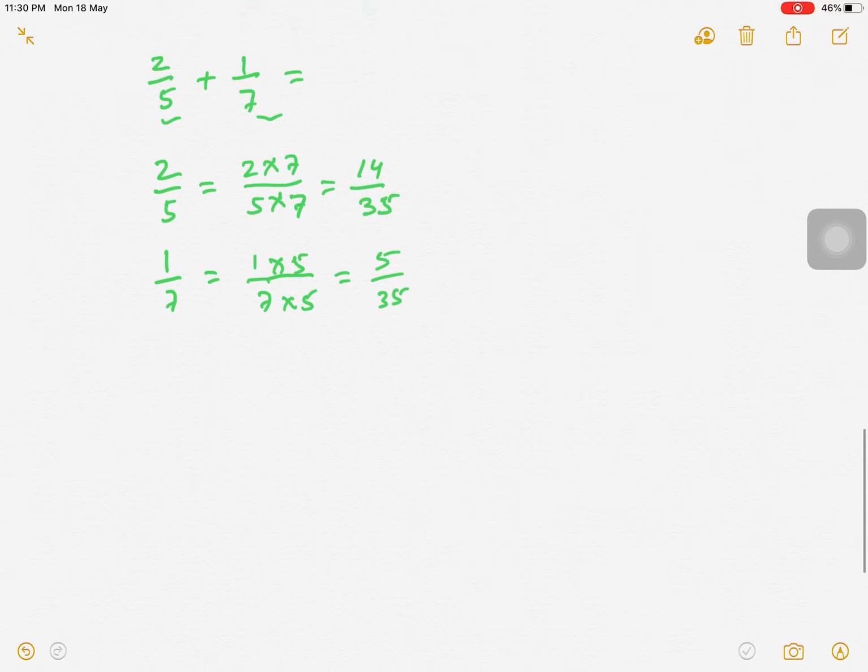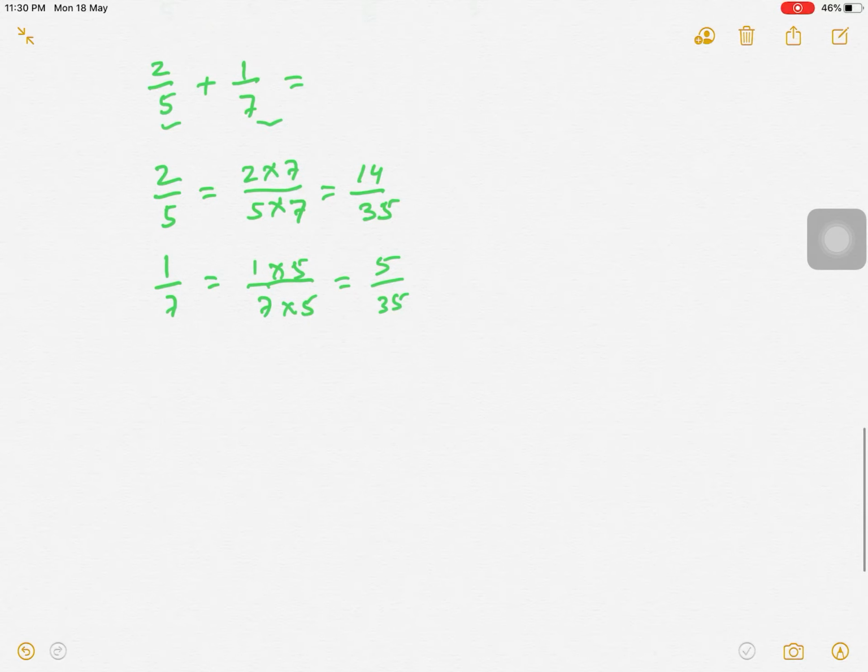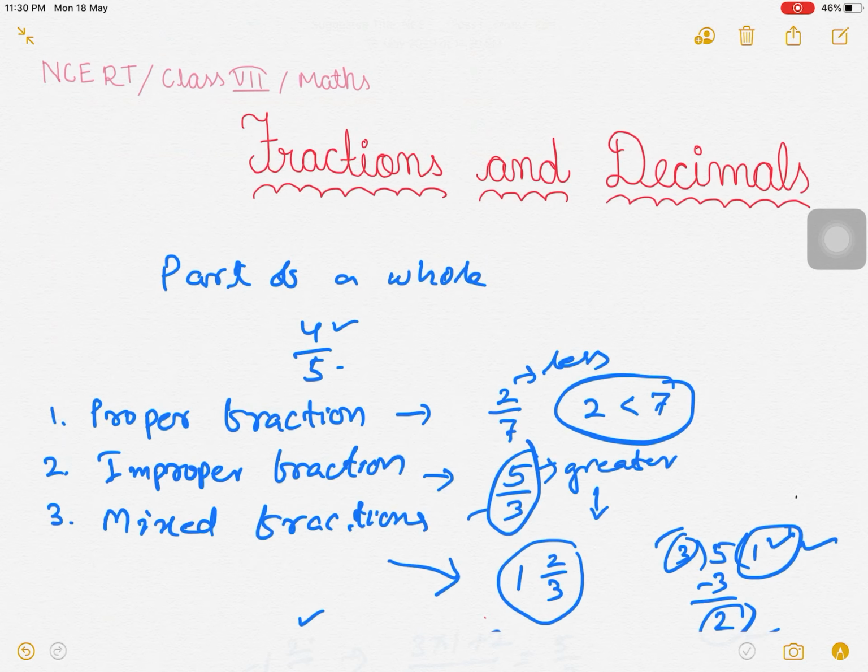Now we can add 2 by 5 plus 1 by 7. This gives 14 by 35 plus 5 by 35.